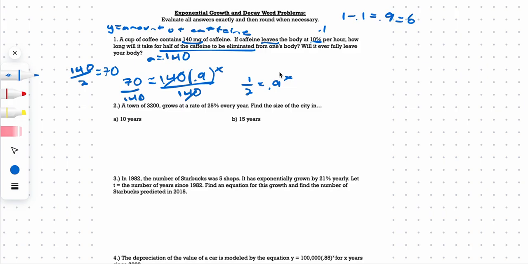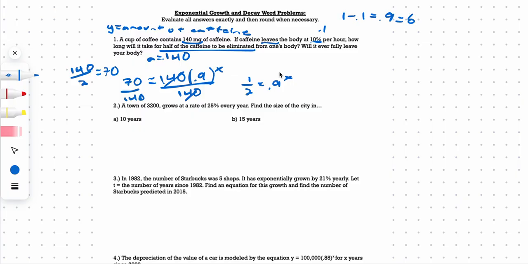I know it's not going to be 1, because 0.9 to the first power is just 0.9. So let's plug in like 3. 0.9 to the third power, we get 0.729. Let's keep on plugging this in.